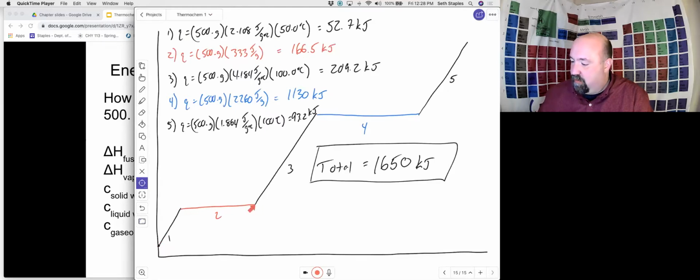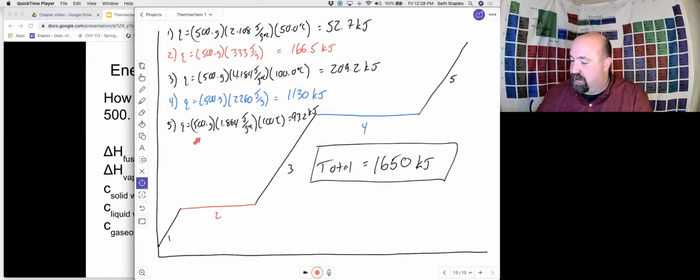Now we're taking liquid water at 0 to liquid water at 100. So Q equals MC, the correct C value for liquid water, times delta T. And then our heat of vaporization here in 4, as we're going from liquid water to water in the gas phase, so our mass times our delta H of vaporization.